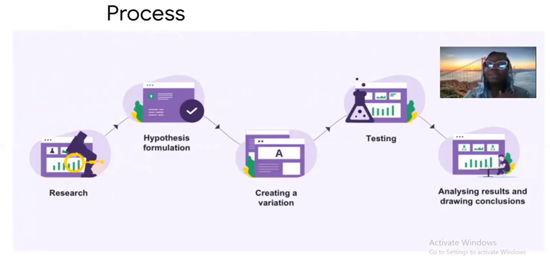So you can then create this hypothesis that bringing the button from where it currently is to the center of the page is going to increase the conversion rates, right?